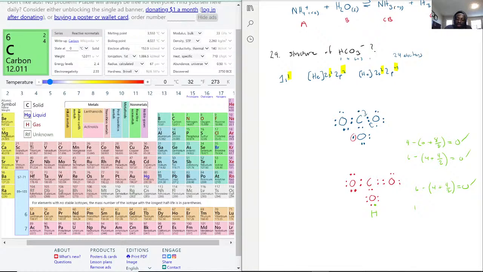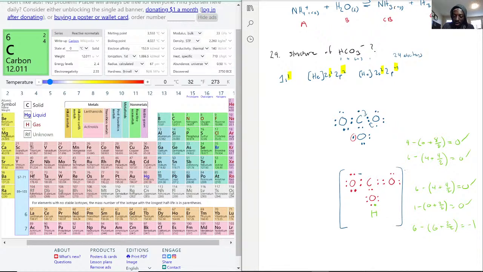Okay, so the hydrogen is 1 minus, sharing 2 of them, so it does equal 0 as well. Now for the last oxygen, we have 6 minus, it actually has 6 lone pairs plus sharing just 2 electrons. That's going to be a minus 1, and there is where our negative is going to be, right there.